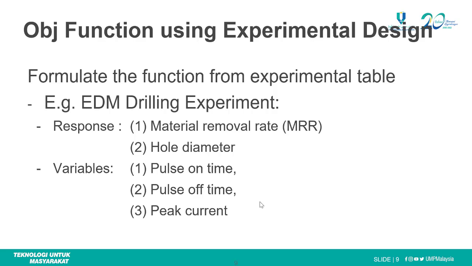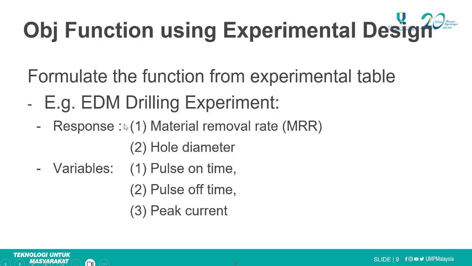For example, in this problem, we are conducting a machining experiment using EDM drilling, whereby we already identified the response and variables. The responses or output variables that we want to measure are the material removal rate and hole diameter, whereby the variables are the pulse on time, pulse off time, and also the peak current. So we want to investigate how these three variables will influence the responses here.